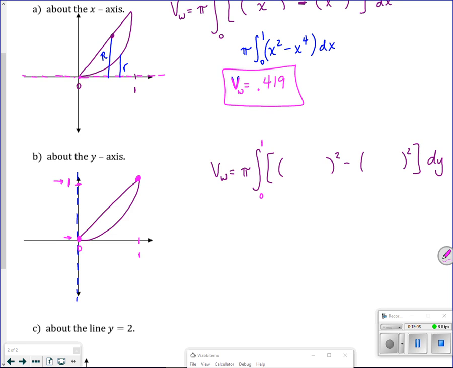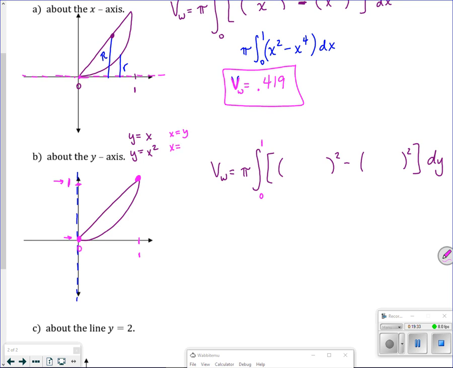Now the other thing I have to remember is what my two equations were. I'm going to write them here. Remember, they were y equals x and y equals x squared. Remember, when you're doing dy, your equations have to be solved for x. Well, this one already is. I mean, I could write it. You know that that's the same thing. x is equal to y.